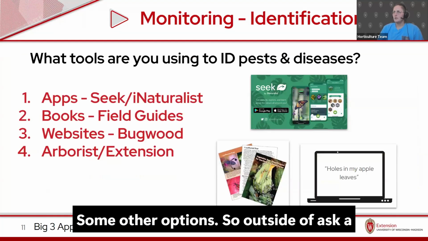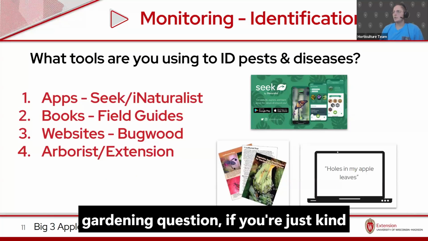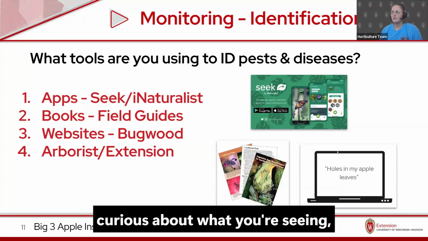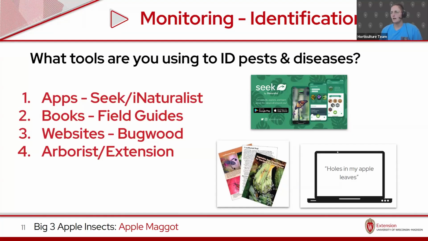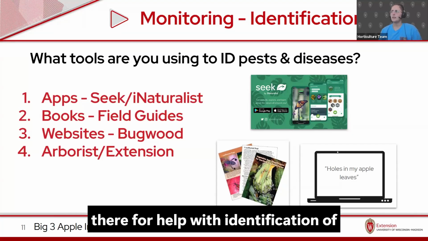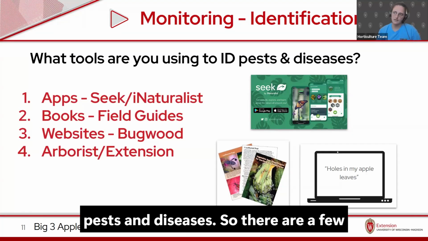Some other options. Outside of Ask a Gardening Question, if you're just taking a photo or curious about what you're seeing, there are some really great tools out there to help with identification of pests and diseases.